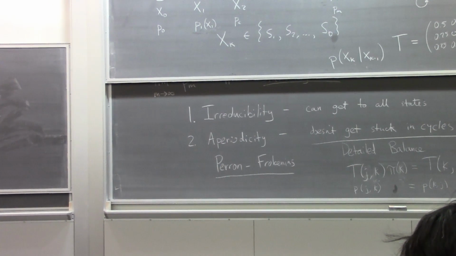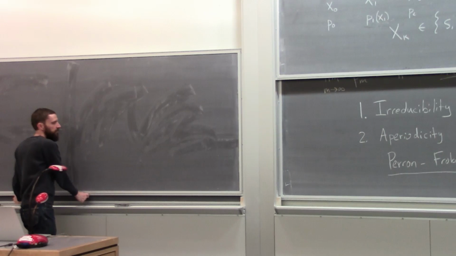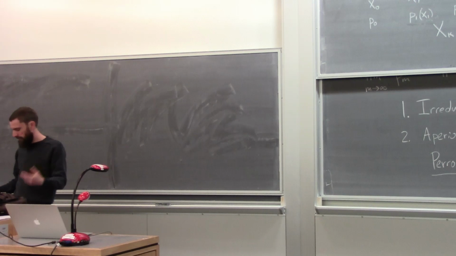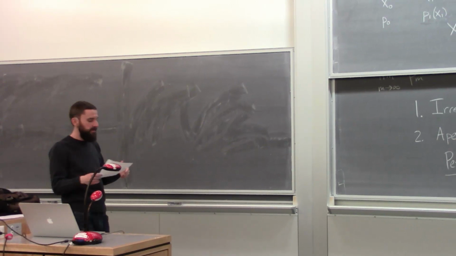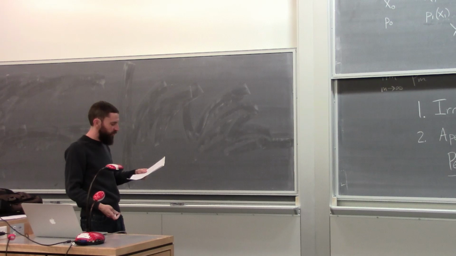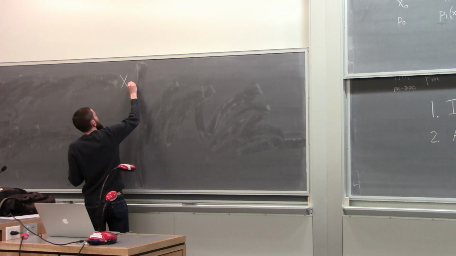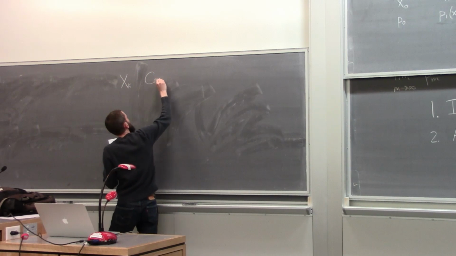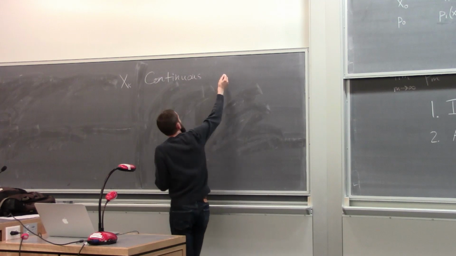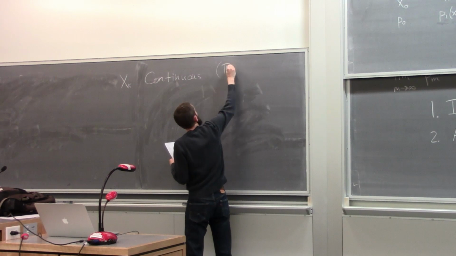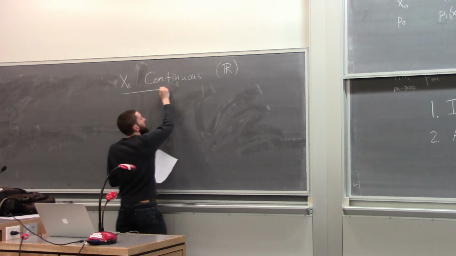In the continuous case, we don't have this matrix per se, but what we can do is say the x_k's are continuous, which really just means, let's say, real numbers.